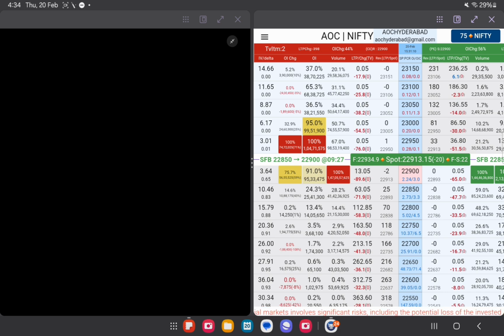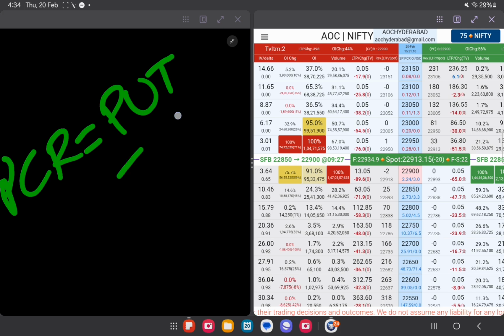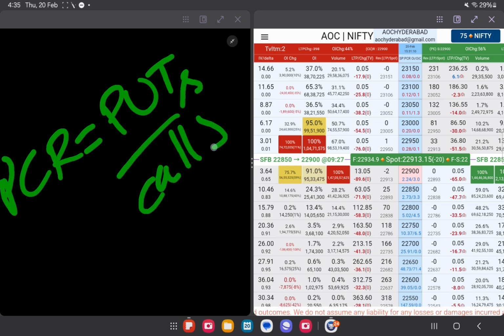PCR, or put call ratio, measures how many put contracts or volume, put side volume and call side volume, are still open in the market. It is a ratio, like puts by calls.